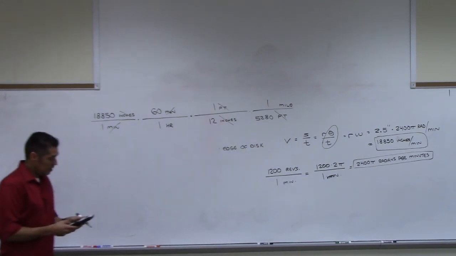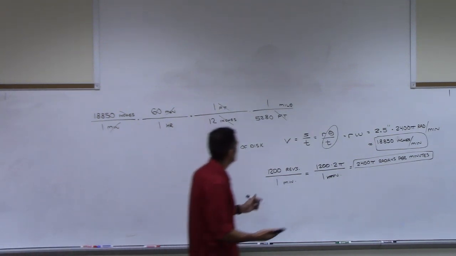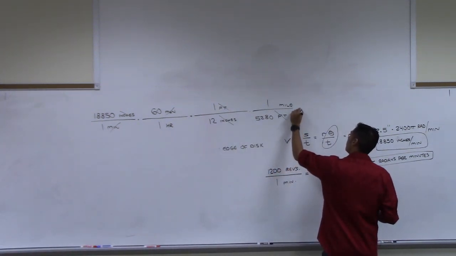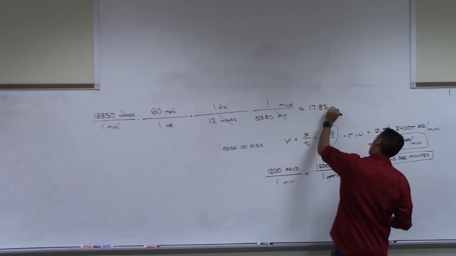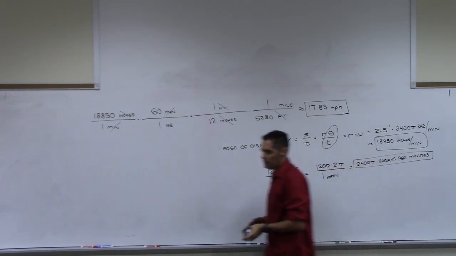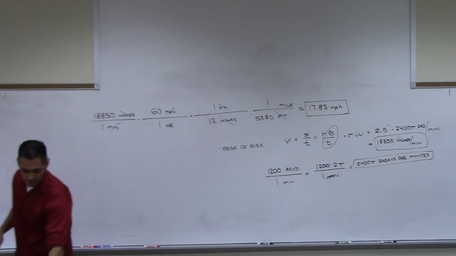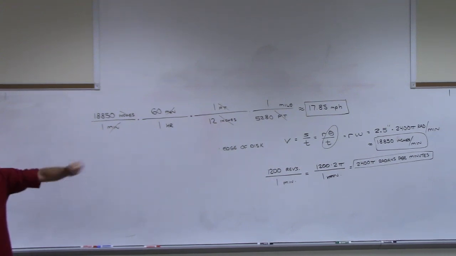So make sure you do this correctly on your calculator if you're trying to do it all at one time, putting your parentheses in the right place. 17.85, approximately 17.85 miles per hour. That's the speed of that point moving around. So as it spins, if you were to imagine that being a straight line motion, it'd be traveling at almost 18 miles per hour.